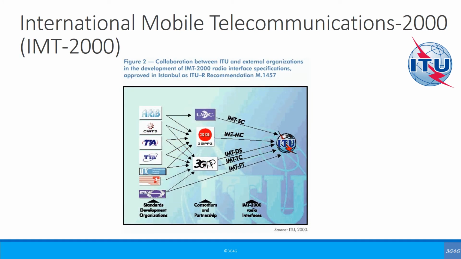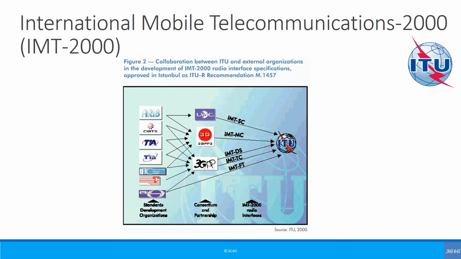And the intention was, once ITU defines this IMT 2000, all the local standardization bodies, like say for example ETSI in Europe, ARIB in Japan, TIA in the US, can all come together, and these regional bodies can form consortium and partnerships.